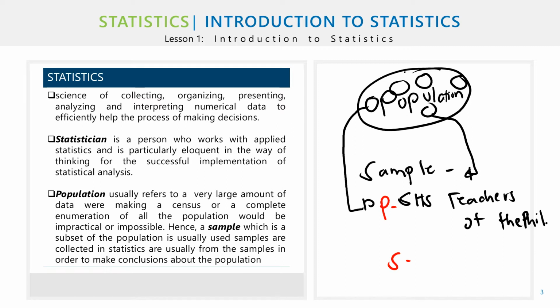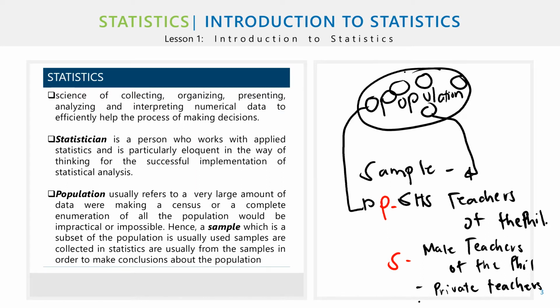So, for example, pwede nating kunin na sample is just the male teachers of the Philippines. Diba? Pwede yan. Or kaya naman, pwede din naman na private teachers of the Philippines. Or kaya naman pwede ding public teachers of the Philippines.